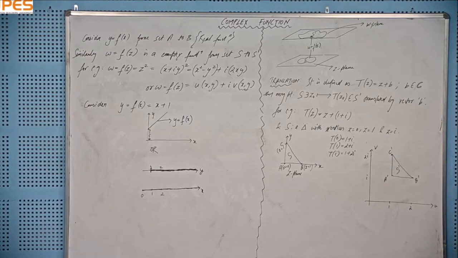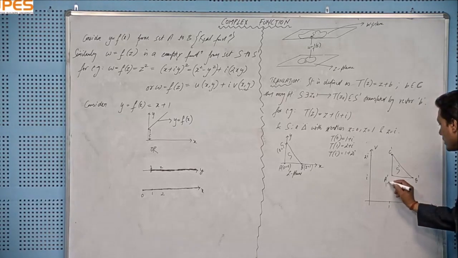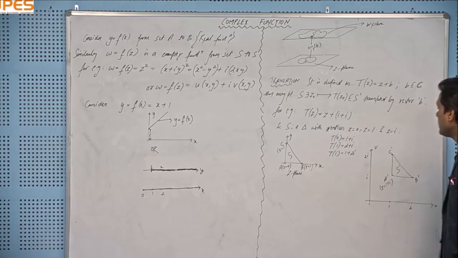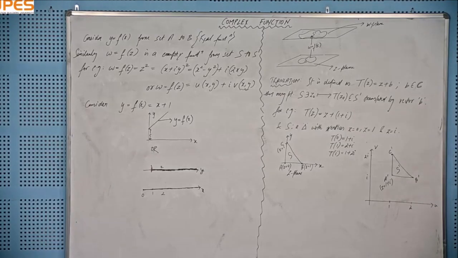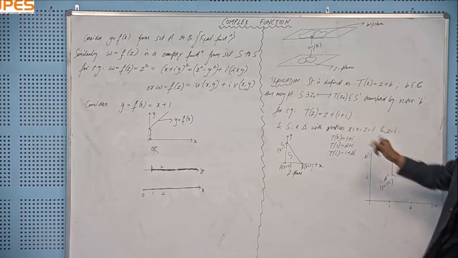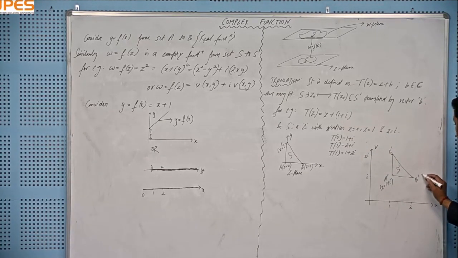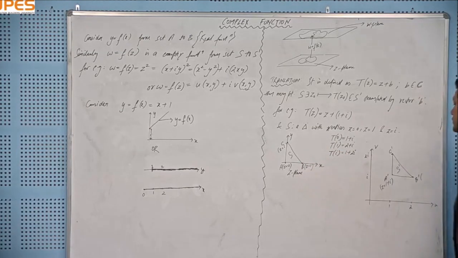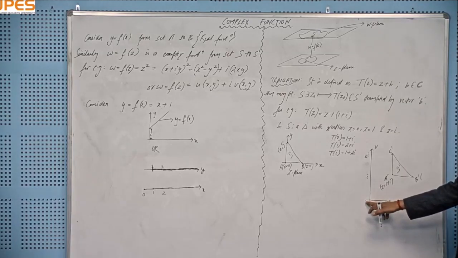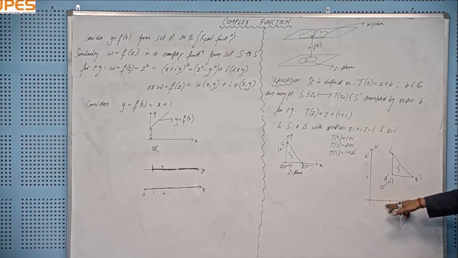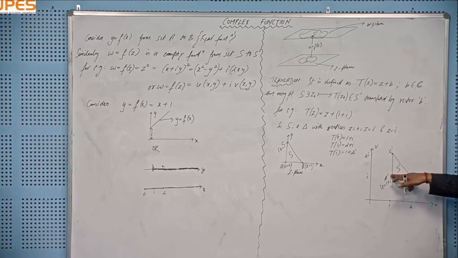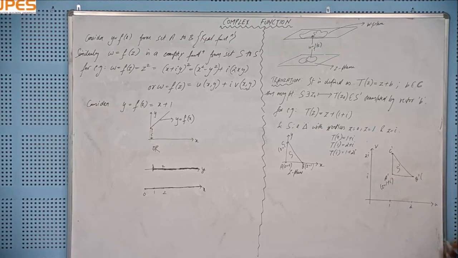And you can see that your whole triangle gets translated by the amount 1 plus iota. If you watch closely, every point, those A, B, and C points, gets shifted. The point z equal to 0 gets shifted by 1 plus iota, meaning 1 in the direction of the u-axis and 1 in the direction of the v-axis.